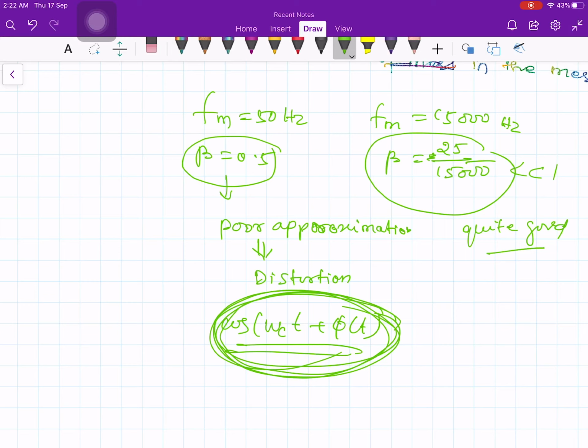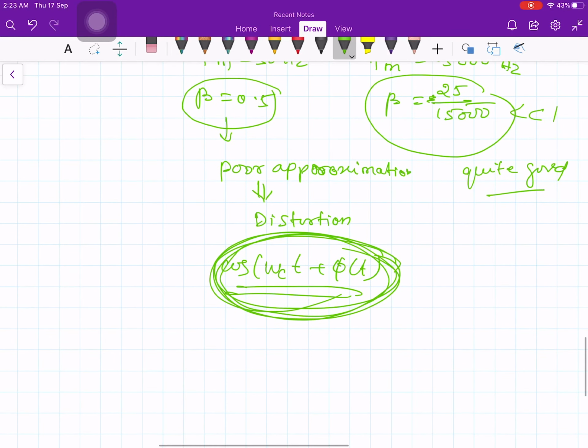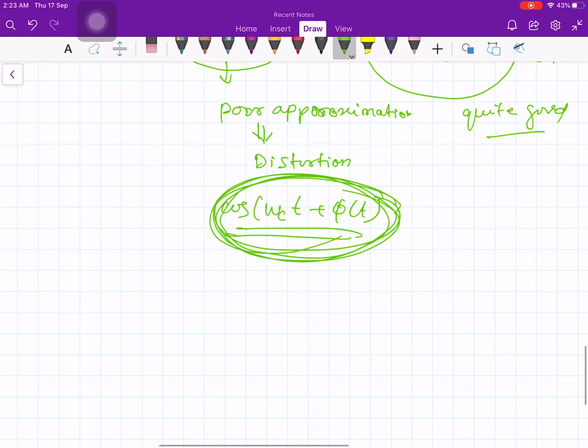This distortion will take the form of undesirable amplitude variations in the signal, which the original signal does not have. In the original signal you may not have these undesirable amplitude variations, but the moment you make this kind of approximation, your modulated signal will have them.